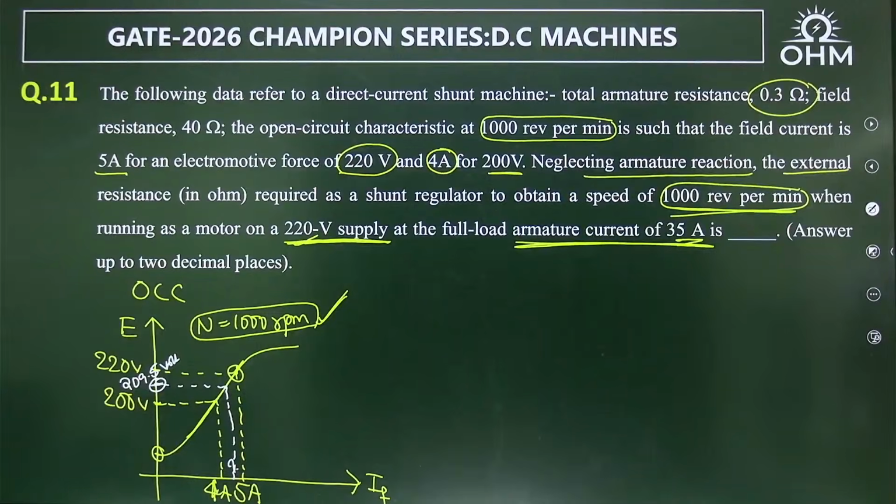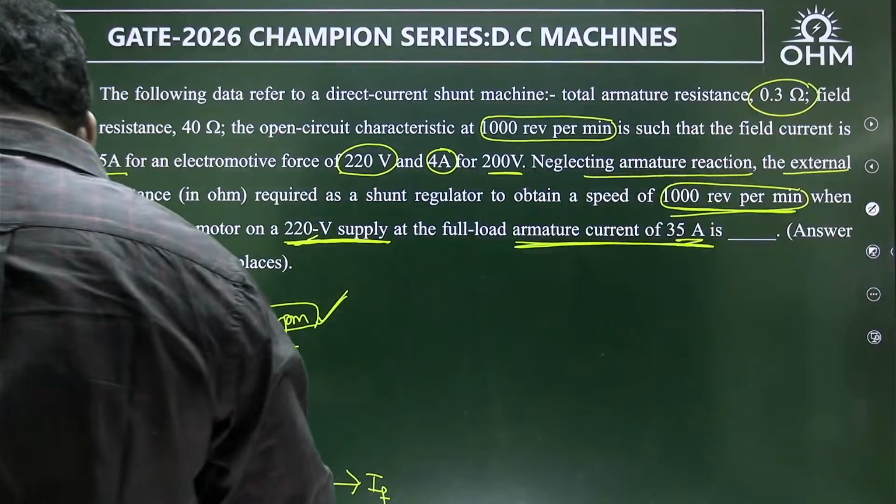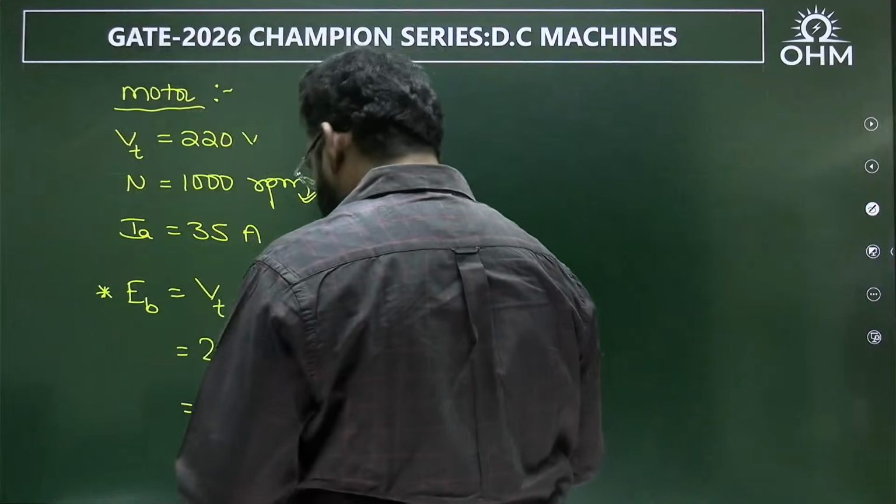Then at what current will 209.5 come? That's the question. Right or not? It's like y is equal to mx or y is equal to mx plus c equation. Come on, I am expecting answers from you.